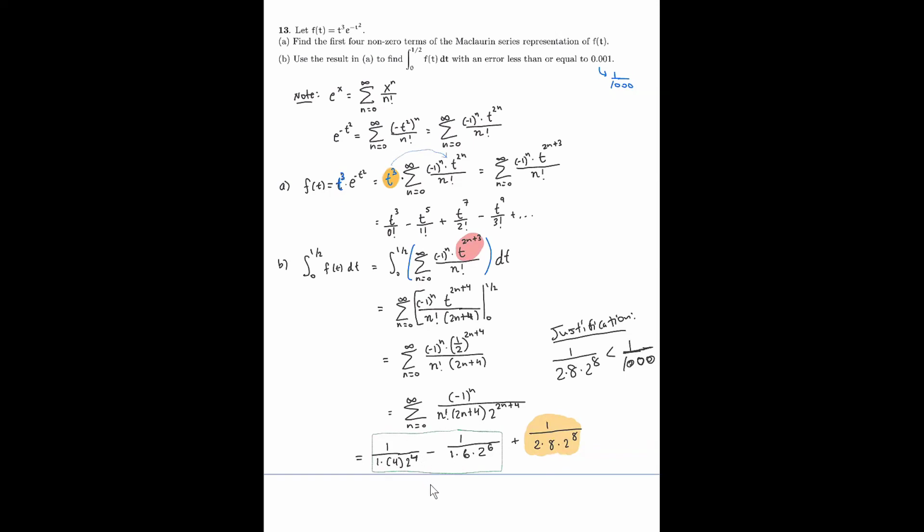So the first 2 terms are enough to guarantee an estimate better than 1/1000, because the next terms will only affect the decimal places after the 3rd decimal place. It will not affect the 100th decimal place or the 10th decimal place. It's not going to change the value of this.